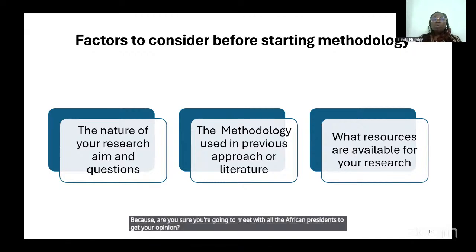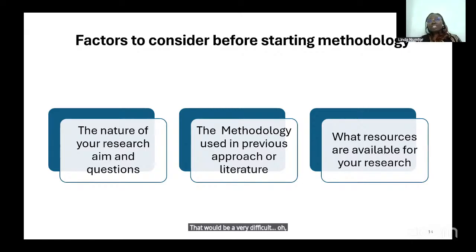That would be very difficult. Or you are doing experiments in the laboratory. You have to check, do I have the necessary equipment to do this experiment? Or if not, is it available in another lab? Do my finances allow me to take those samples to another lab? Am I able to fund this research? Very, very important.